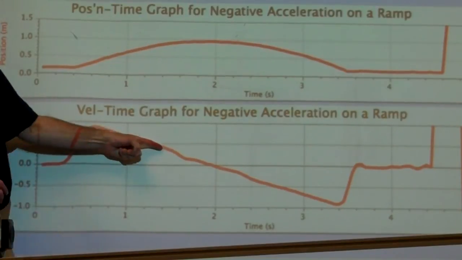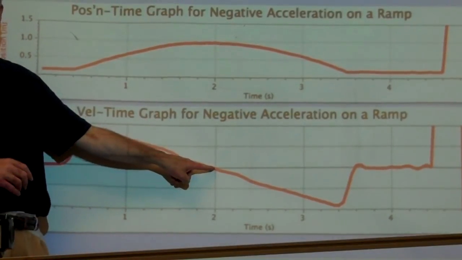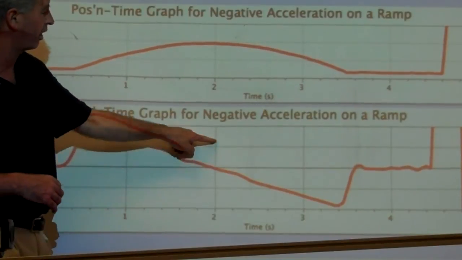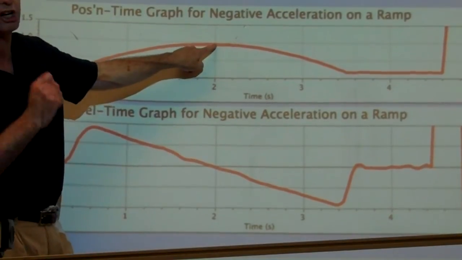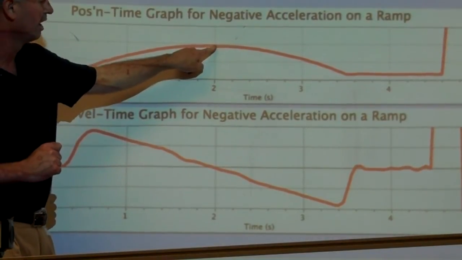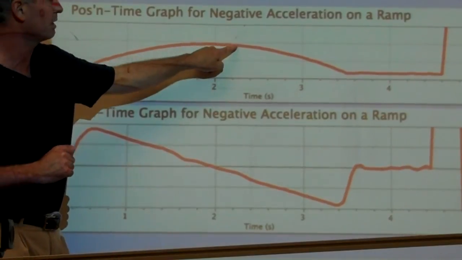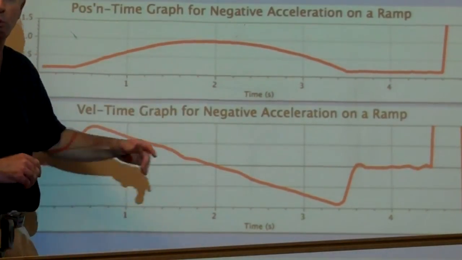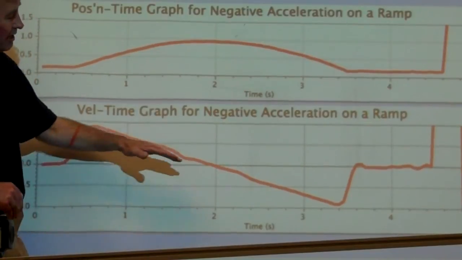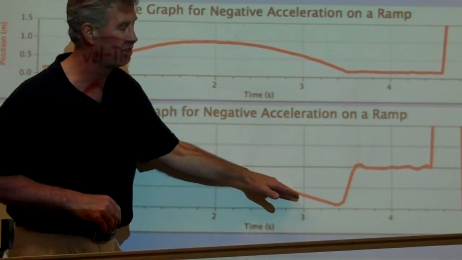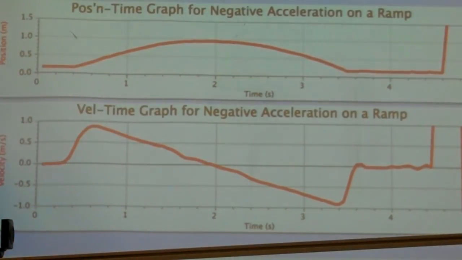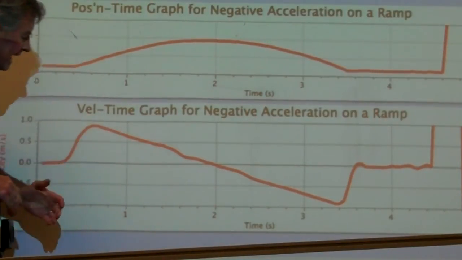All of that happens until this point, right there. That's the 2-second mark, and at the 2-second mark, the cart's at its highest position. And after that time, the cart's going to begin to roll back down the ramp. What we see on the velocity time graph is that line goes underneath the v=0 point. The velocities become negative.